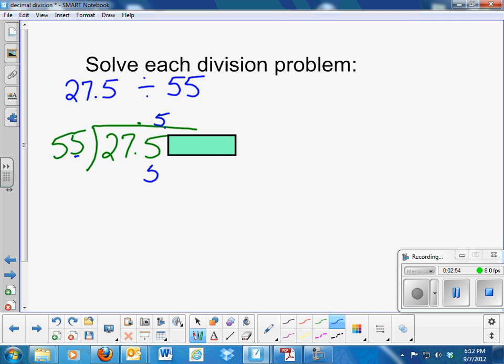I write the 5 down. I'll carry that 2 over the tens place, and now I multiply again. 5 times 5 is 25, plus the 2 is 27. I subtract, and I have no numbers left to divide. So my answer to 27 and 1/2 divided by 55 is 5/10 or 1/2.